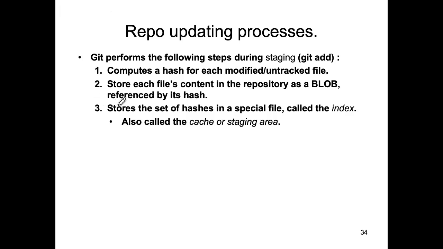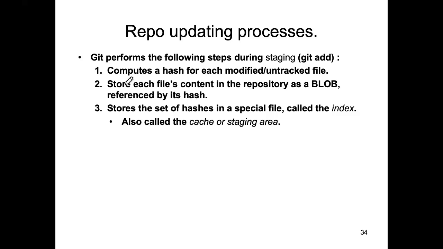It also creates another file called the cache or the index file, and in this cache or index file it keeps a record of all of the new objects that it created up here. So it actually does put new objects into the objects folder, but the objects folder is going to have lots of objects in it already from previous commits that you would have done.